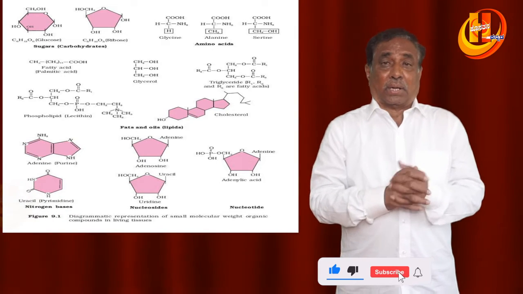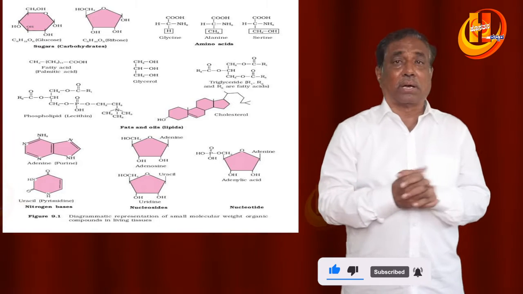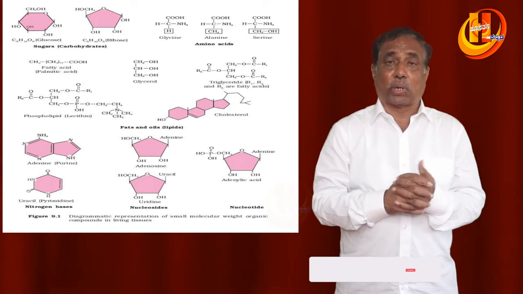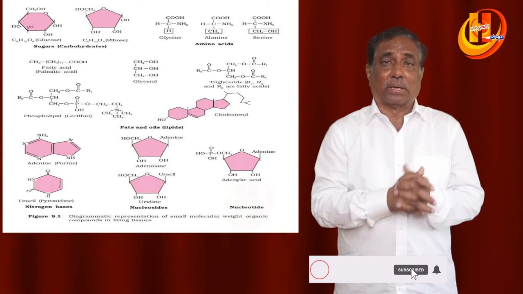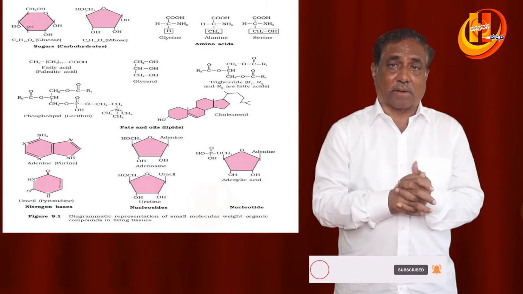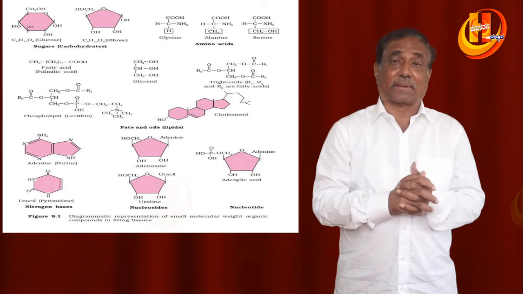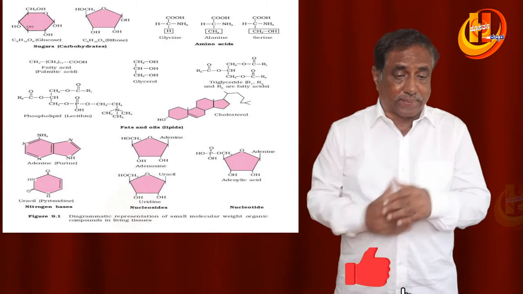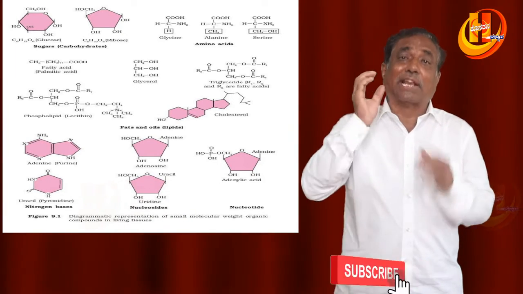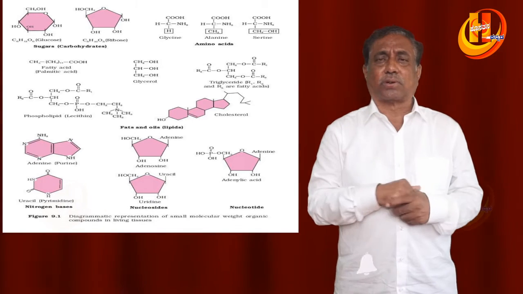And simple lipids are present in the cell membrane. As I told you earlier in the previous chapter, the plasma membrane consists of these lipids. Especially lecithin, the structure of lecithin is also very important.